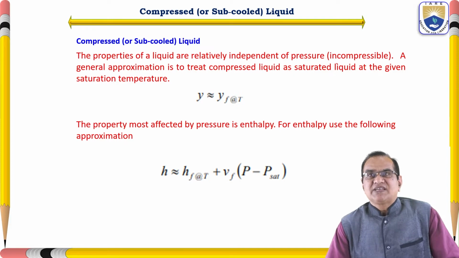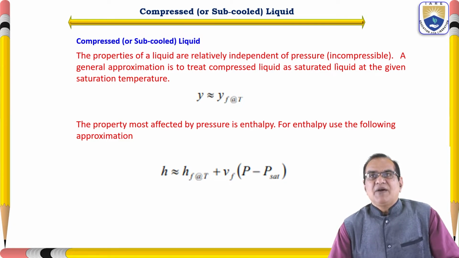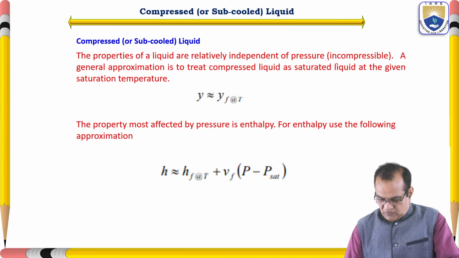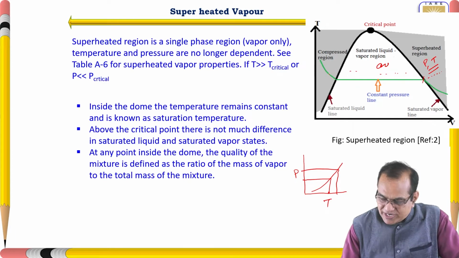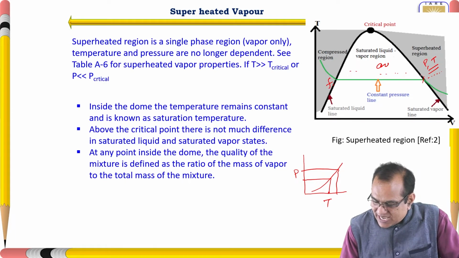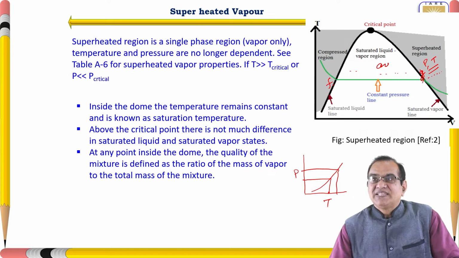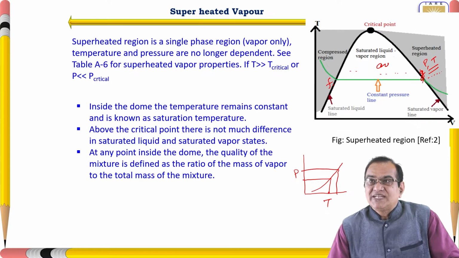The properties of a liquid are relatively independent of pressure, that is incompressible. A general approximation is to treat compressed liquid as saturated liquid at the given temperature. So here Vf, F indicates this point is F and this point is G. So we can consider here the saturation pressure and the saturation temperature.